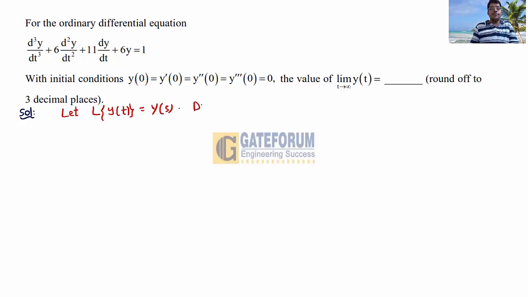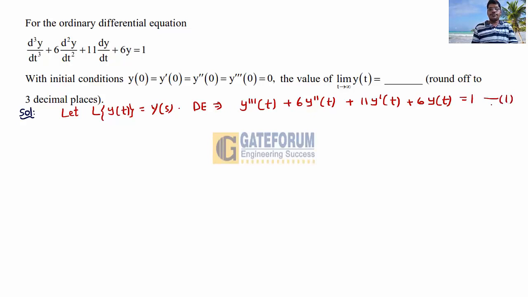So the given equation can be written as y triple dash t plus 6y double dash t plus 11 times y dash t plus 6y, that is y of t, is equal to 1. This is equation 1.